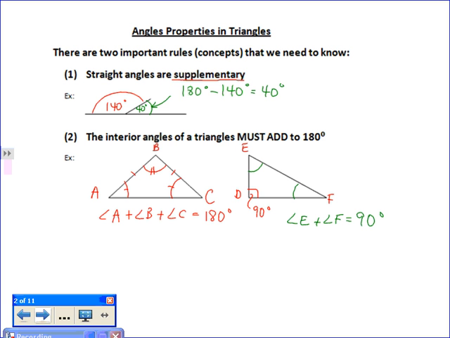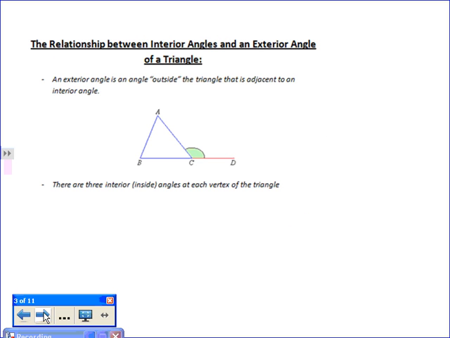There's an interesting relationship that happens when we have any type of triangle, and that triangle is on a straight line, so that we have an exterior angle to consider. Let's have a look at that. It has to do with this supplementary angle relationship. Here we have a blue triangle ABC on a straight line B to D, and this green angle that we see right here is called an exterior angle.